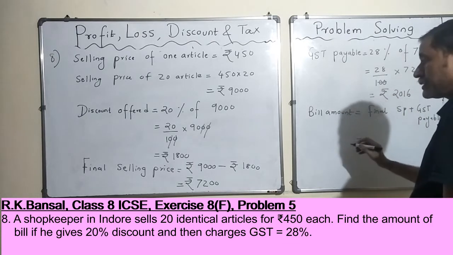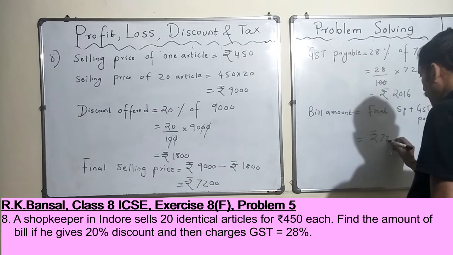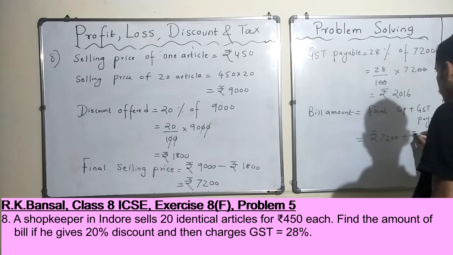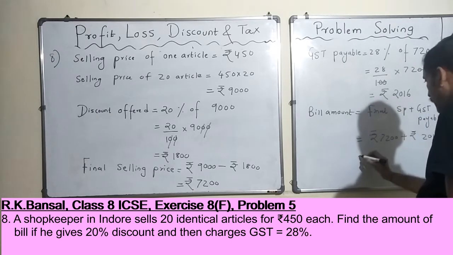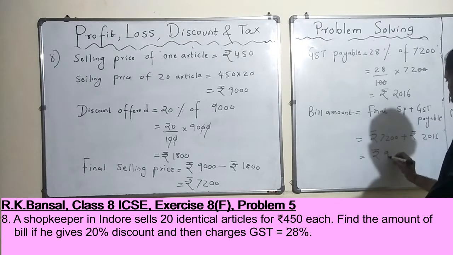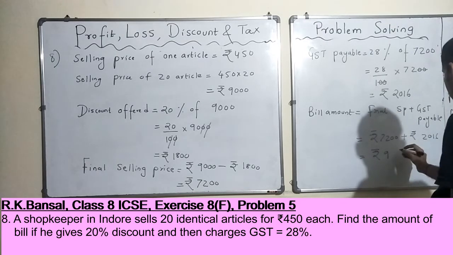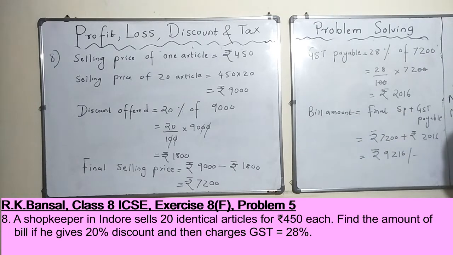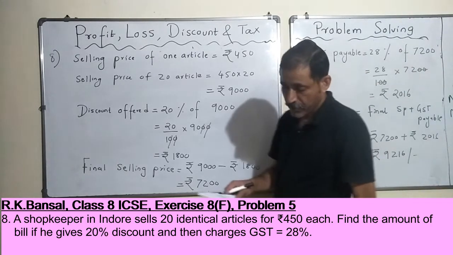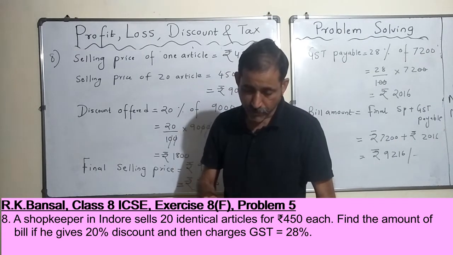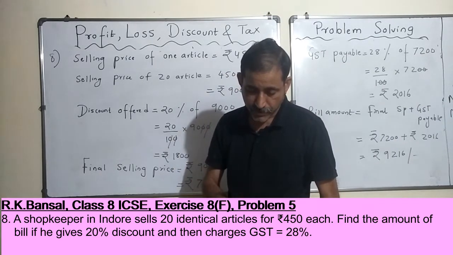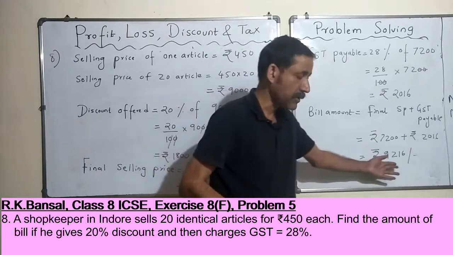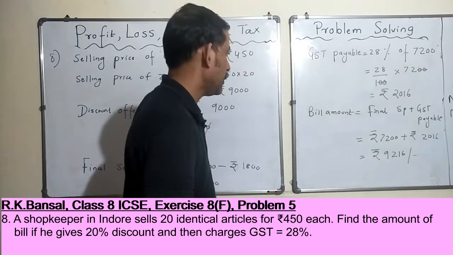So the final selling price is rupees 7,200 plus GST 2016 becomes 9216. So 9216 is the final amount. So you can write down that the amount of the bill would amount to rupees 9,216. Sounds good.